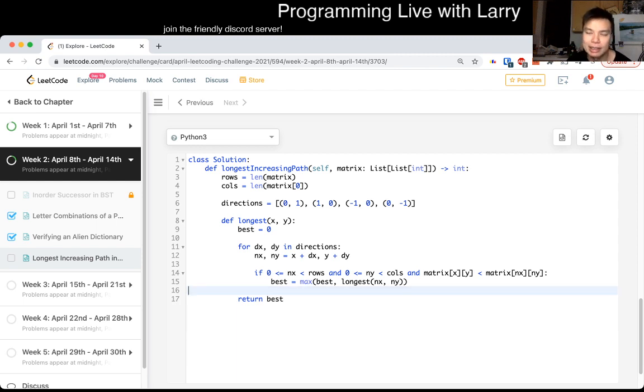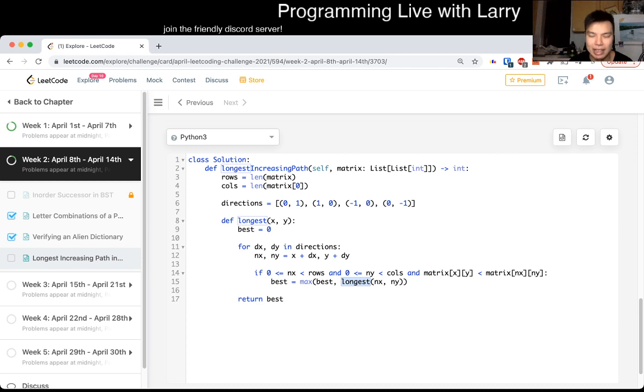One thing to note is that in a lot of cases with backtracking or exhaustive search, you have to make sure that you don't go in cycles or revisit the same cells. In this case, you don't have to do that because there are no cycles. So we just ask this question recursively.